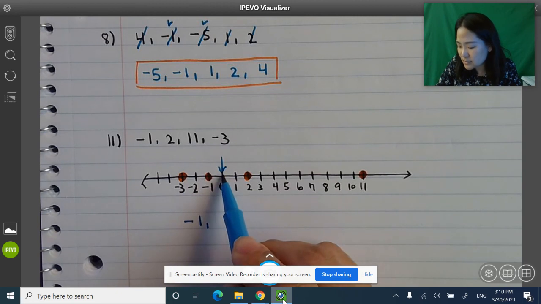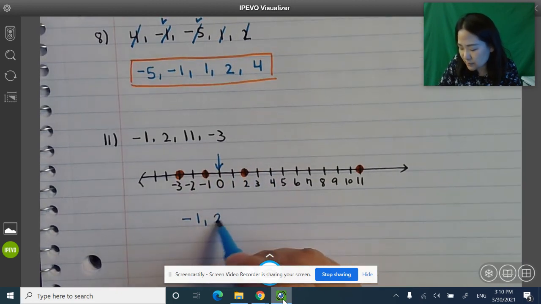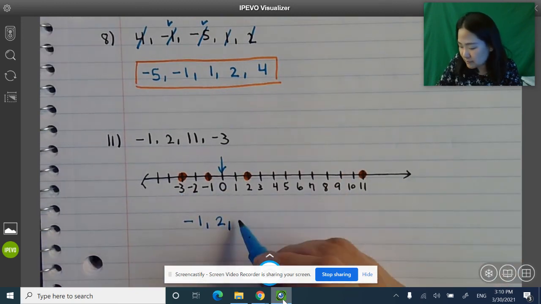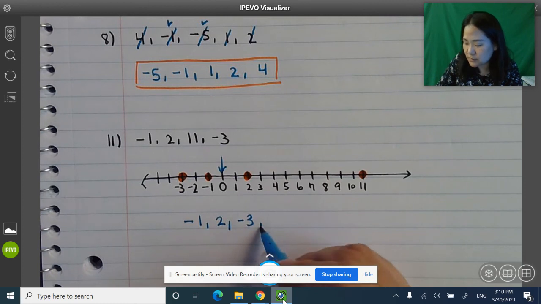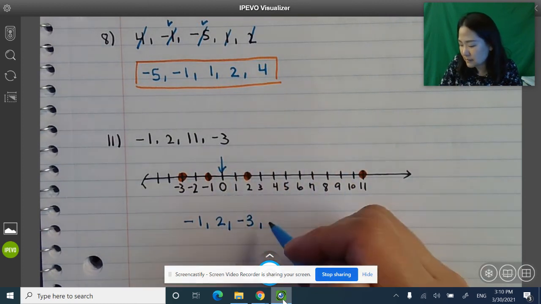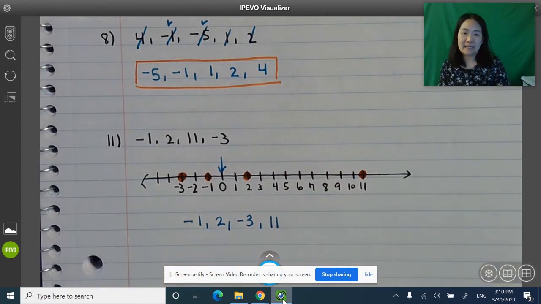The next closest one would be positive 2, because that's only 2 units from 0. The next one would be negative 3, because that one is 3 units from 0. And finally, the last one is 11, because that is 11 units from 0.